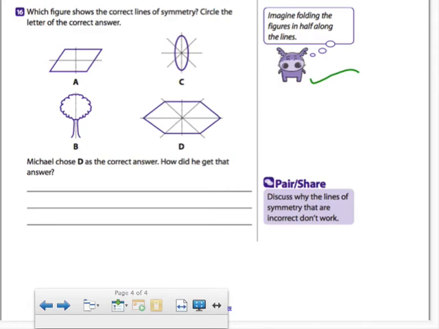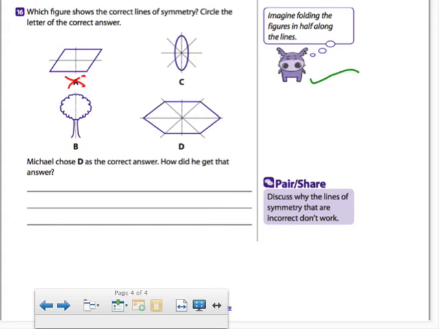Some of these are kind of correct. Some of these are super wrong. And only one of them is actually correct. The most super wrong one is A. A is super wrong. Because of the slanted sides in this parallelogram and its general unevenness, it's got no lines of symmetry. So those lines of symmetry are fake.